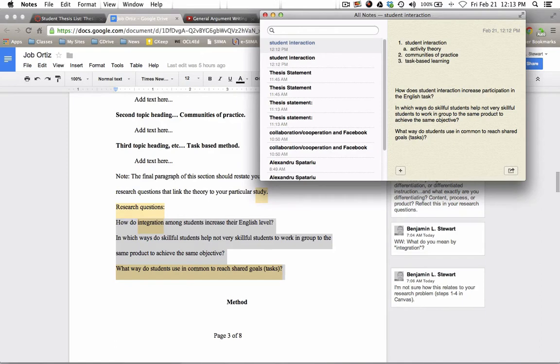So with student interaction, what are you going to measure? What's an example of what you are measuring?